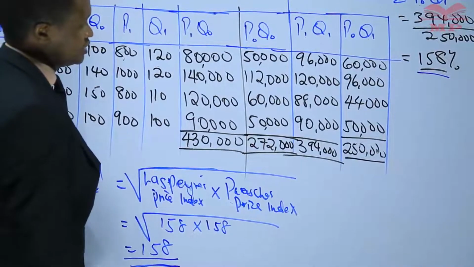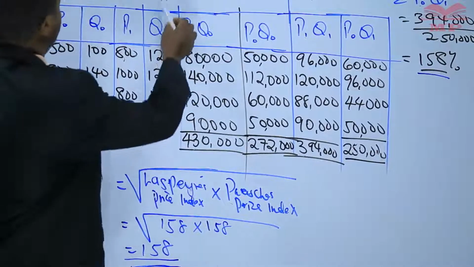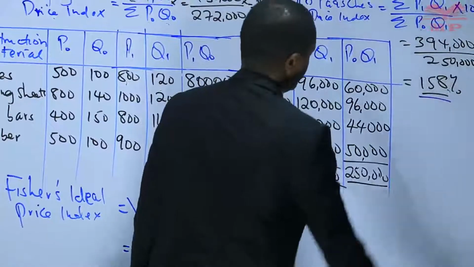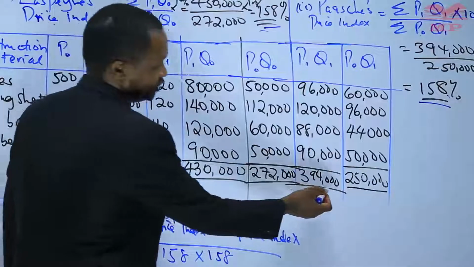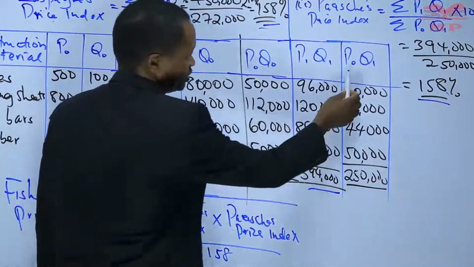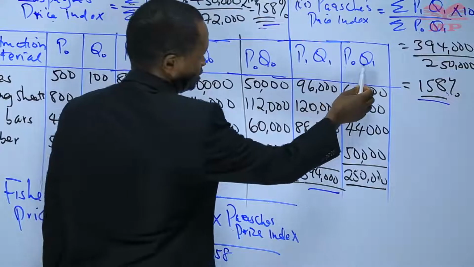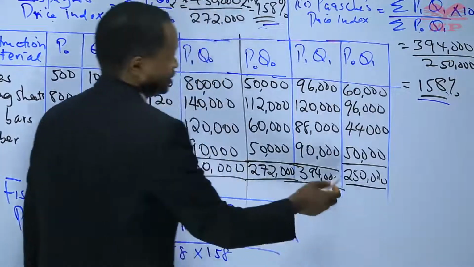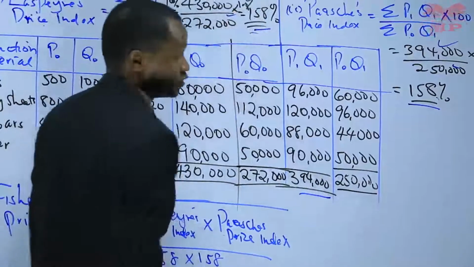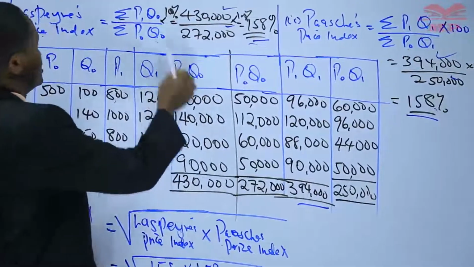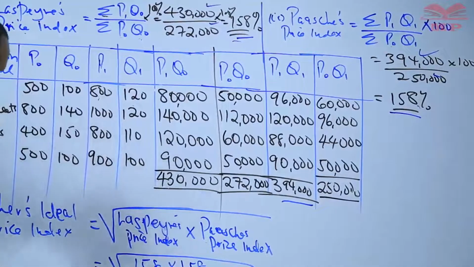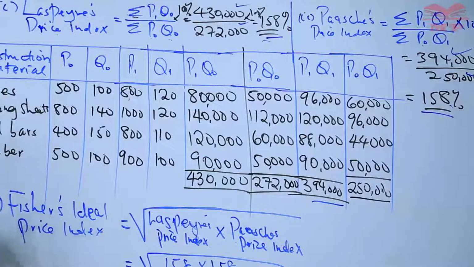It's only a coincidence, but you can see the values for the summation of P1 Q1 and summation of P0 Q1 are different. So that will mark the end of today's session.